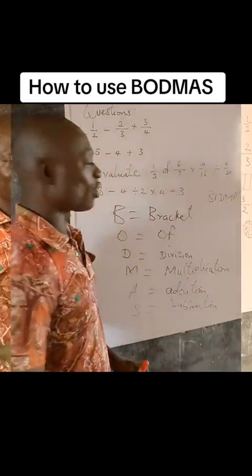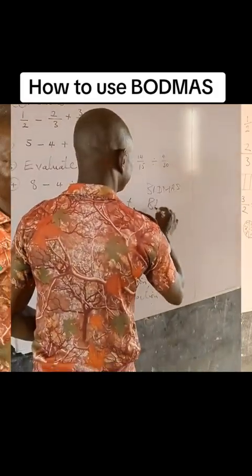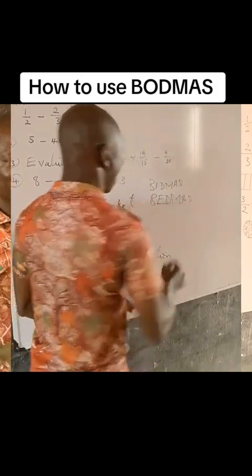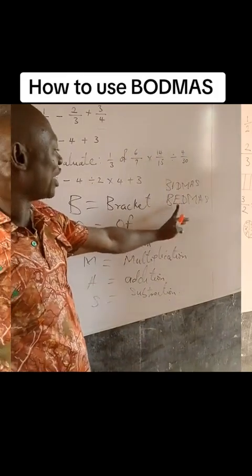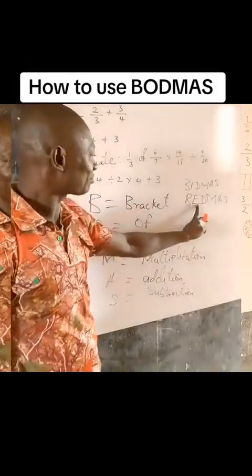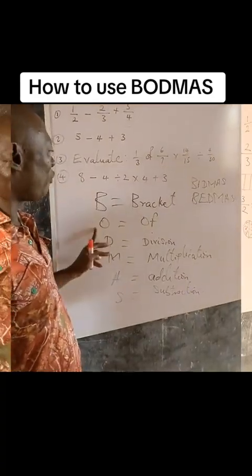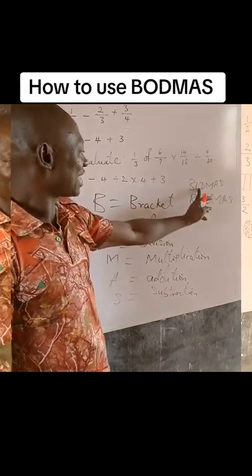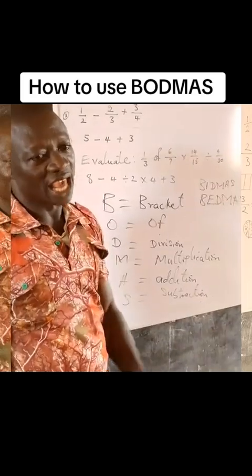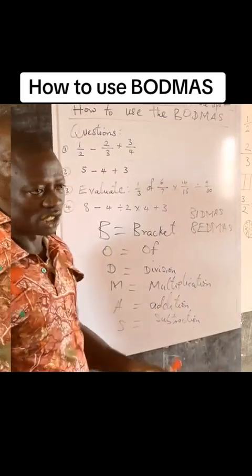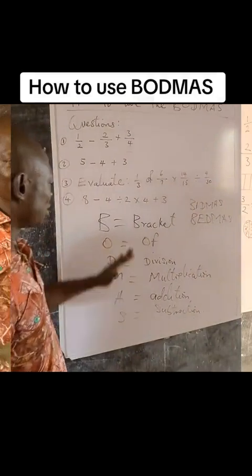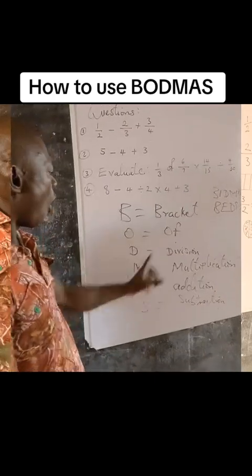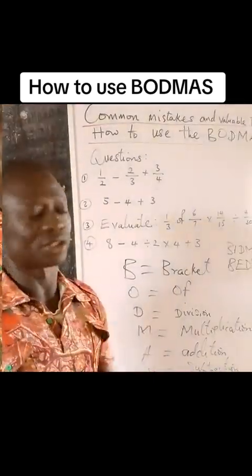Some people also call it BEDMAS, and when they call it that, they mean that E should stand for exponents. Remember, whether you call it of, index, or exponent, they are all talking about a similar thing. Here, we are going to concentrate on this one, BODMAS: brackets, of, division, multiplication, addition and subtraction.